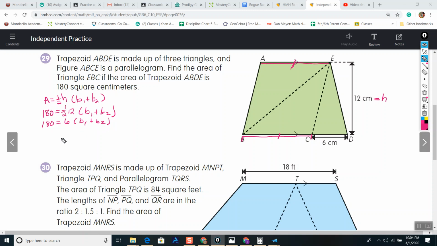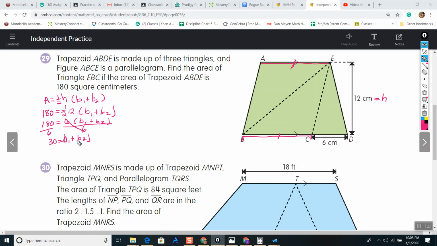All right, so now same thing we did on that problem a couple problems ago. We are going to divide this whole thing by 6. We're going to separate that 6 from the B1 plus B2. Okay, so that gives us 30. 180 divided by 6 is 30. And this is going to become 1. So we're left with B1 plus B2.